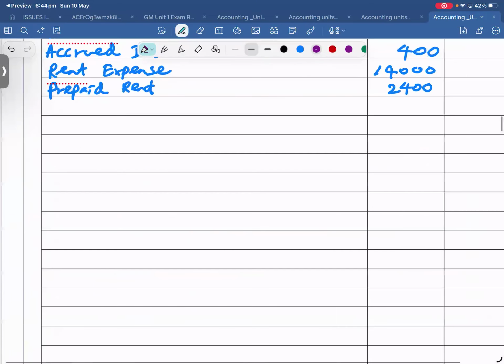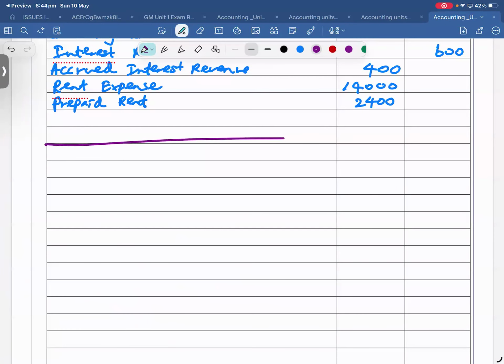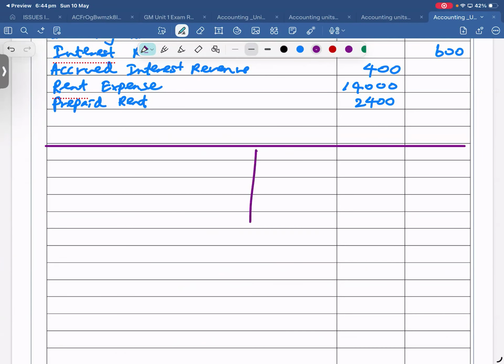We'll do the ledger account here for allowance for doubtful debt. Opening balance is 400. And then you are debiting 1500, accounts receivable. And then what happens?